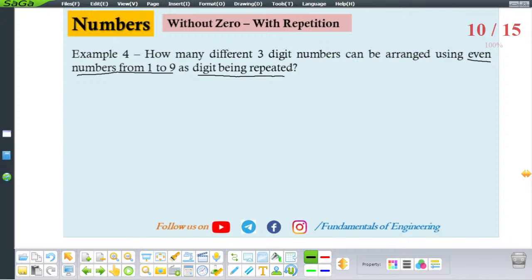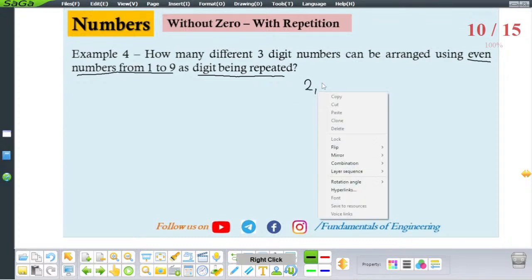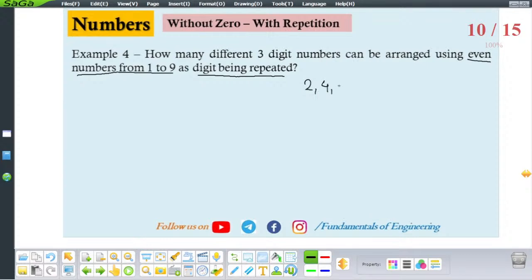So what are the even numbers from 1 to 9? That is 2, 4, 6 and 8. We can't select 0 because they have given the condition even numbers from 1 to 9. 2, 4, 6 and 8 that we can use.